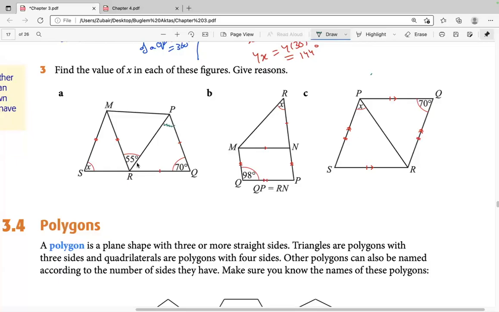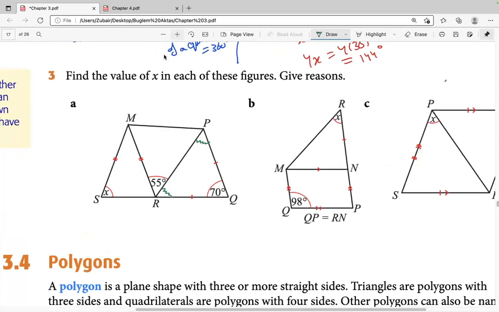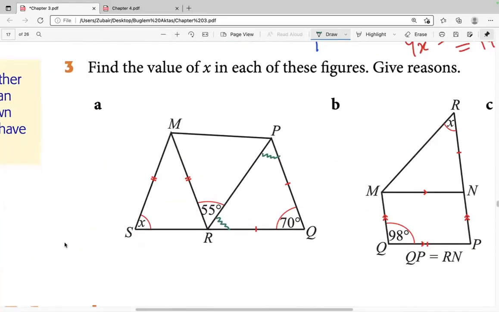Till now, you would have done these two. What are the values? Sixty-two point five for both sides.